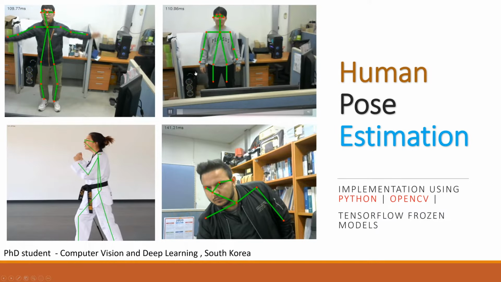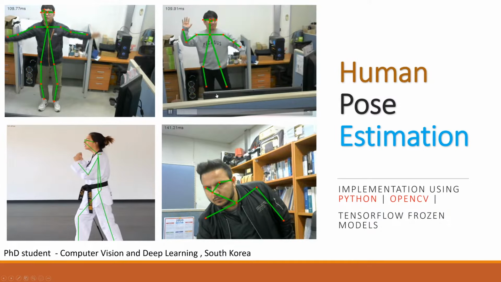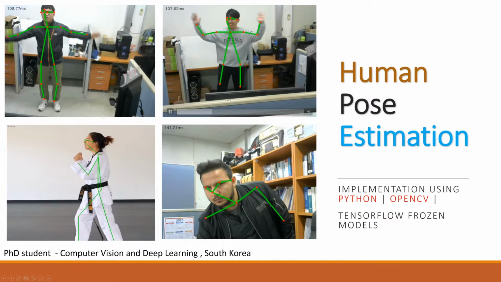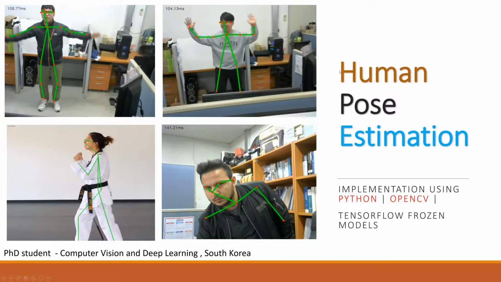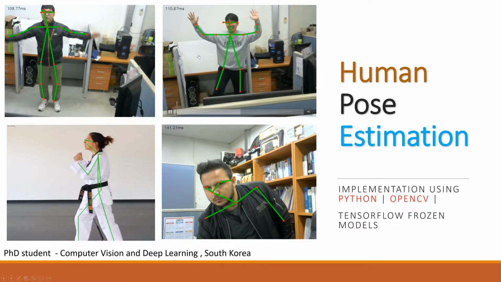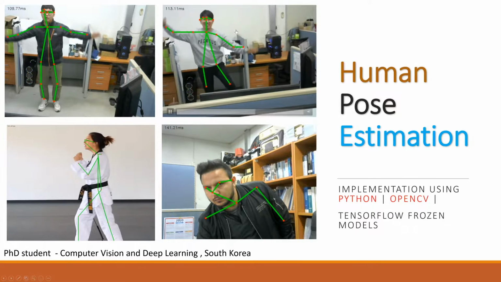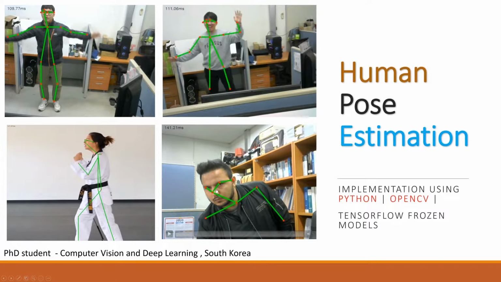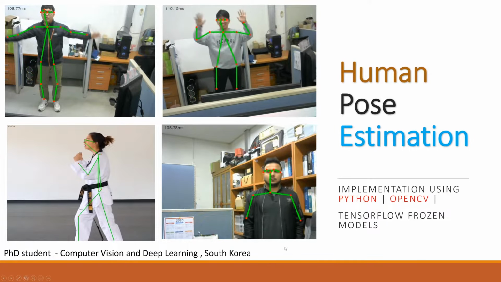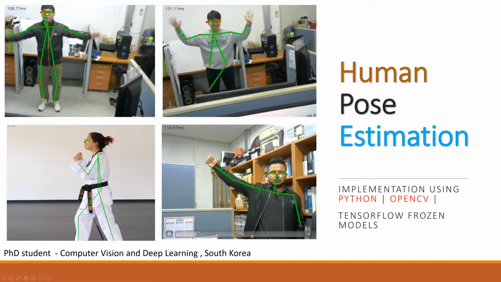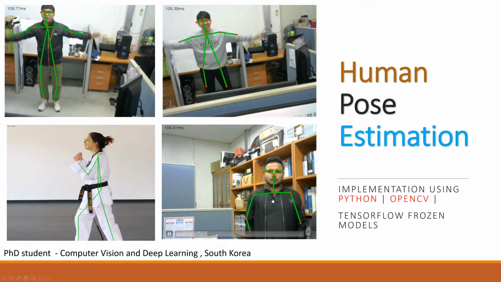Similarly, if we have, for example, occluded positions, where some of the points are missing over here, human pose estimation still manages to detect all possible points in the view. Similarly, in this case, we do not have legs and we have very few body parts and points. Still, with the help of the TensorFlow deep learning architecture, OpenCV manages to detect all possible points.